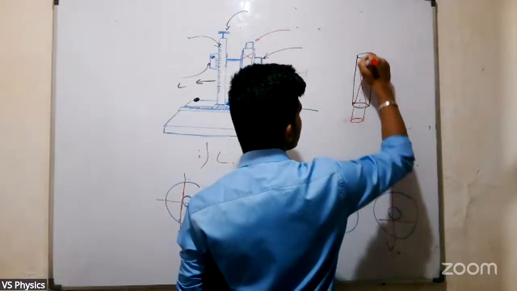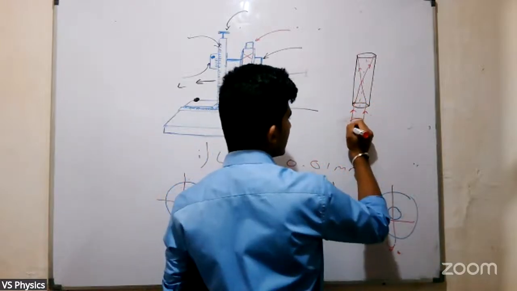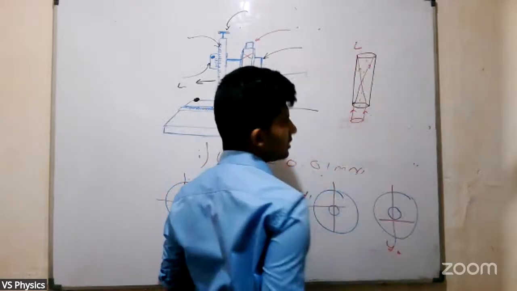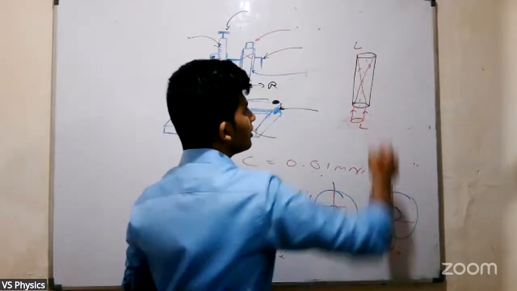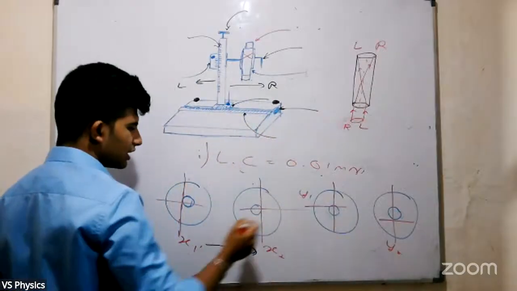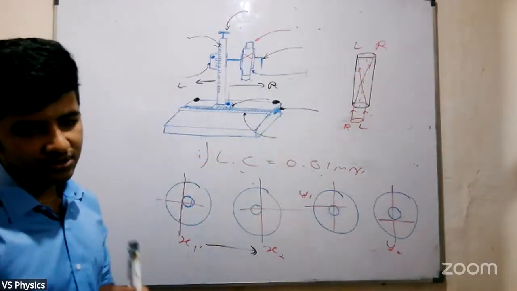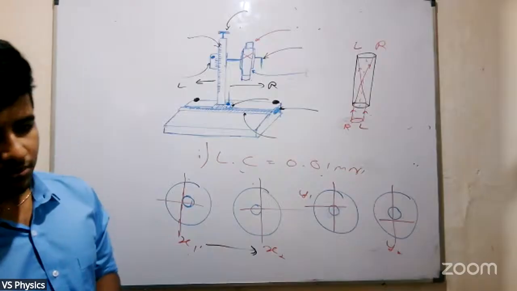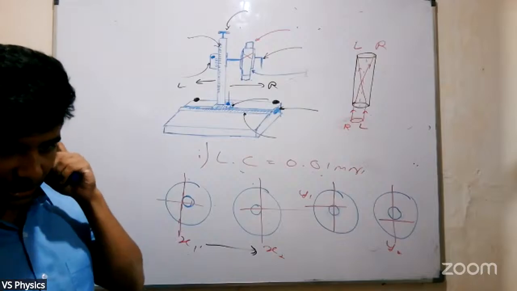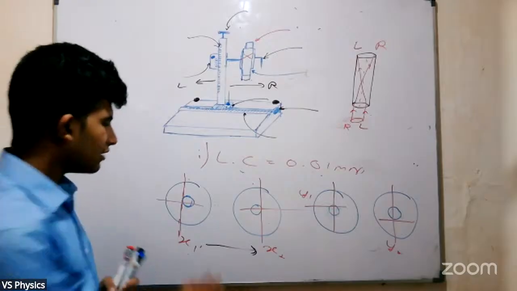Therefore, after we take the left side measurement, where is the left side measurement? Here. Where is the right side measurement? Here. It is inverted. So in order to move right, you have to actually move the arm or the microscope left. I hope that is clear. So that's how we measure.